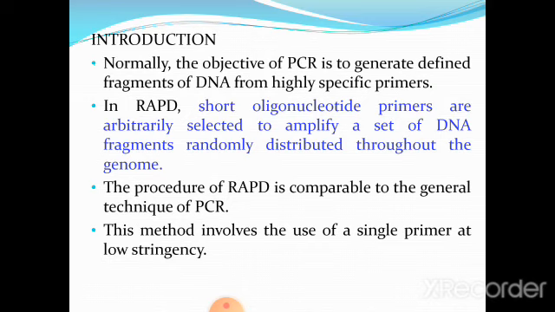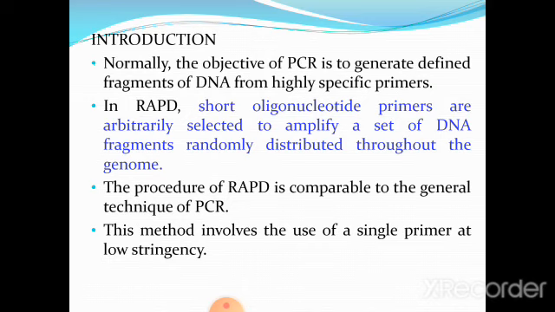But what are we going to do in RAPD? See, in RAPD, short oligonucleotide primers are arbitrarily selected to amplify a set of DNA fragments randomly distributed throughout the genome. Right now, you just remember this.